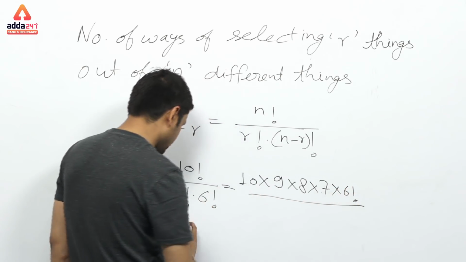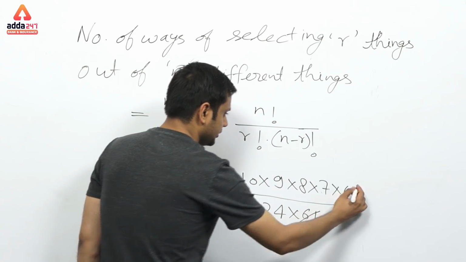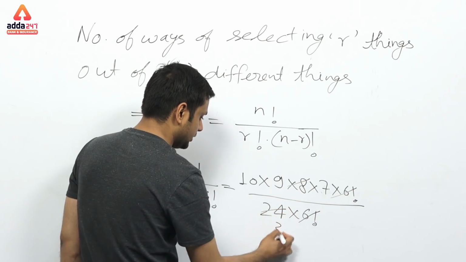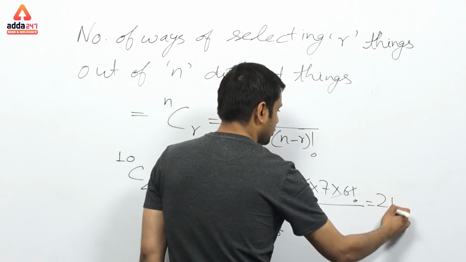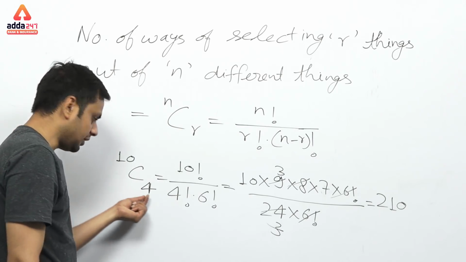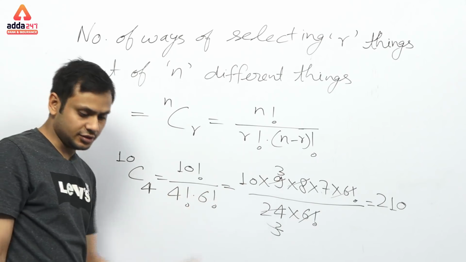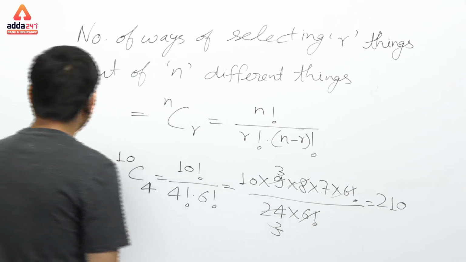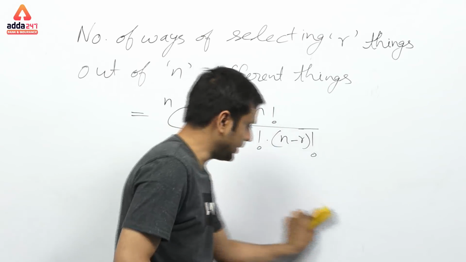Now 4 factorial is equal to 24 into 6 factorial. This and this cancel. Here divided by 3. So ultimately we are getting 210. So out of 10 things you apply NCR and our answer is 210. Right. Now this was NCR, and when do we apply NPR?